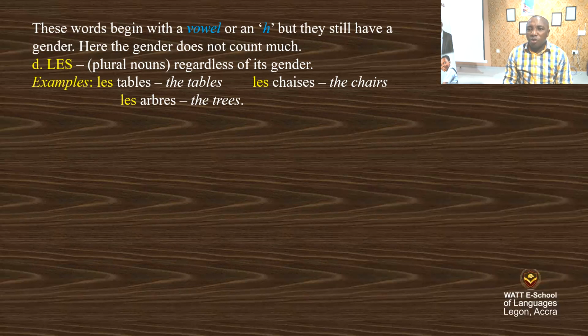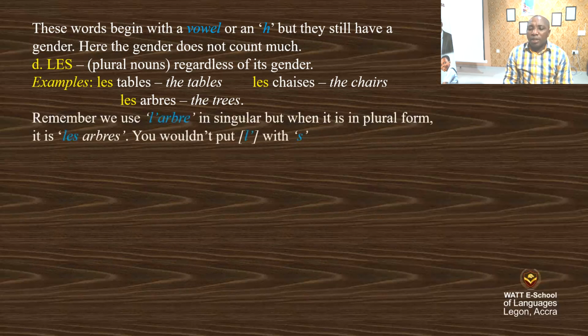Since it is in plural form and you have to use a definite article, it's supposed to be les, not l'. Remember, we use l'arbre in singular, but when it is in plural form, it is les arbres. You shouldn't put l'apostrophe with S. Like in the singular form, you say l'arbre, the previous example.